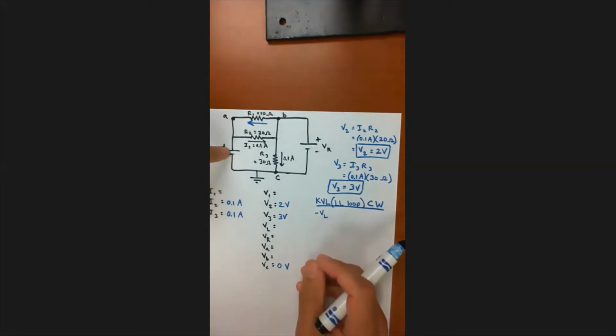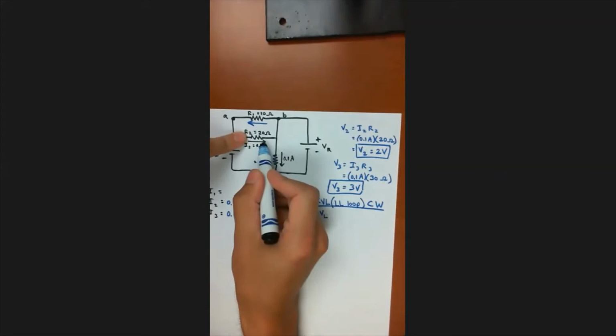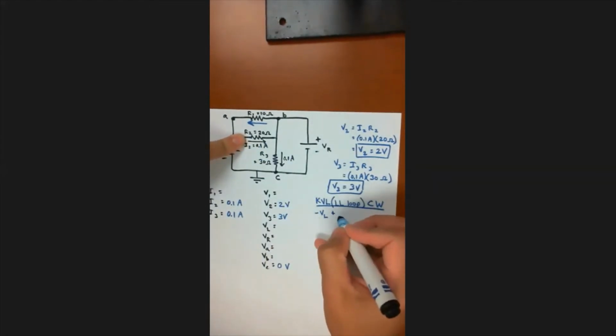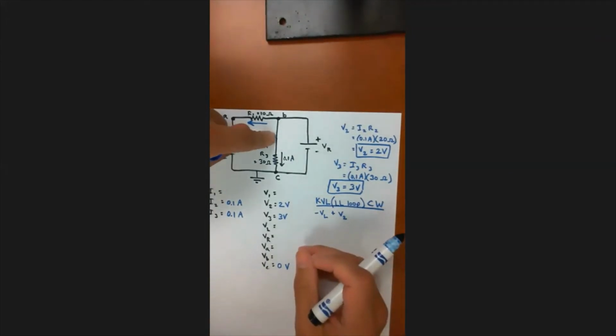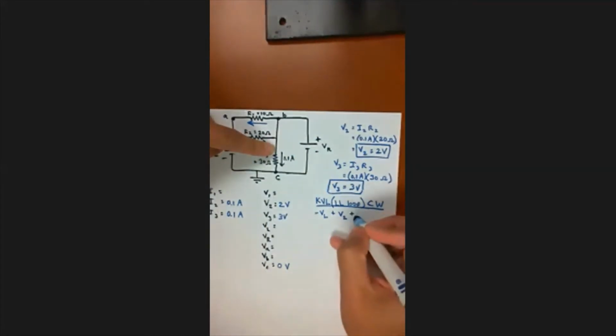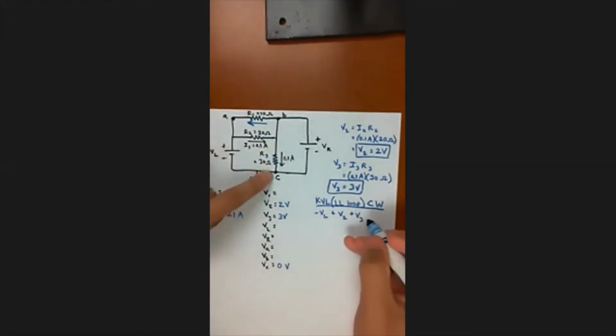Then I keep going, and I'm going with the direction of assumed current flow through resistor 2, so I add it. So I go plus V2. And then I'm continuing on, and I'm going with the direction of assumed current flow through resistor 3. So I add V3. And then I get back to my starting position, so I just set it equal to 0.